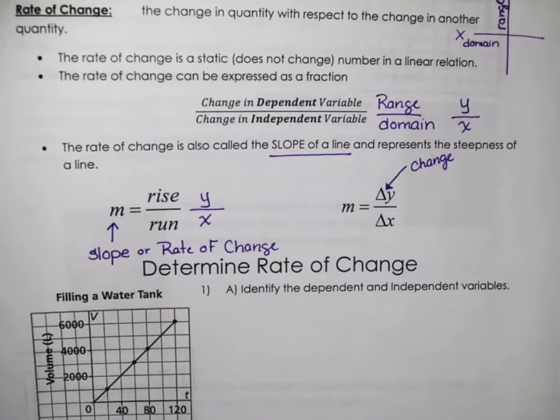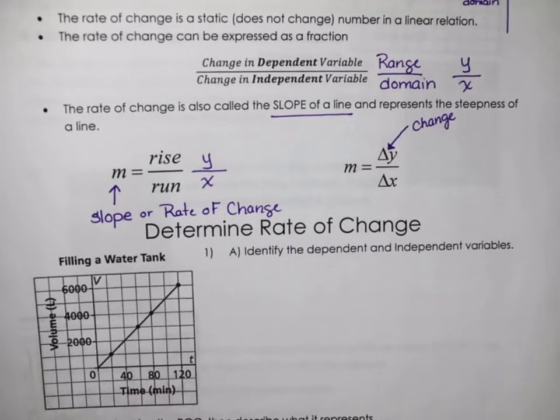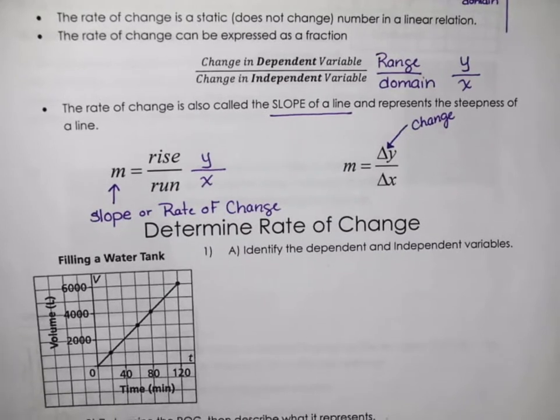The Greek alphabet's at the back, that's why I'm looking at the back. So it's the change in y values and the change in x values. So delta means change in mathematics. So that's all the mathy stuff behind it, the stuff you have to know.